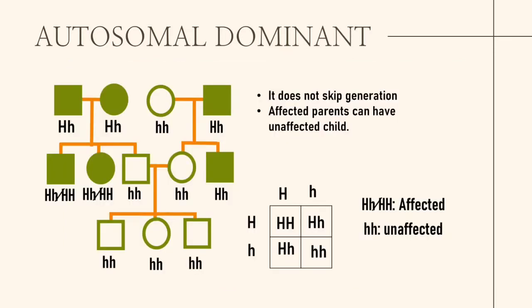So, always remember na maliit lang yung chance na magkaroon tayo ng unaffected individuals in autosomal dominant. Siyempre, nakadepende pa rin tayo doon sa ating genotype na binigay ng lolo and ng lola, which is the generation 1 or the first filial generation. Okay?